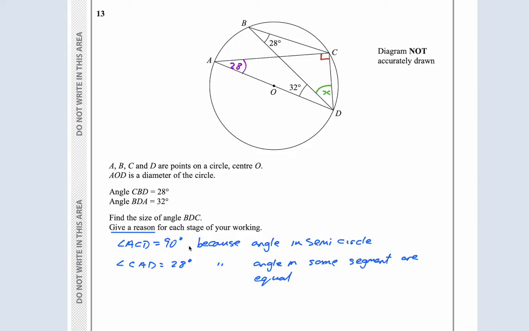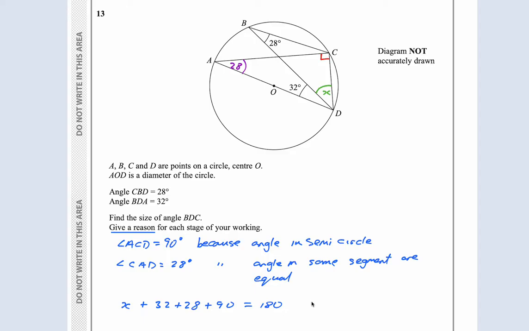And then finally X plus 32 plus 28 plus 90 has to equal 180.